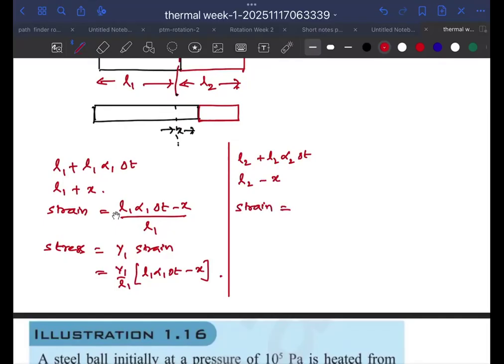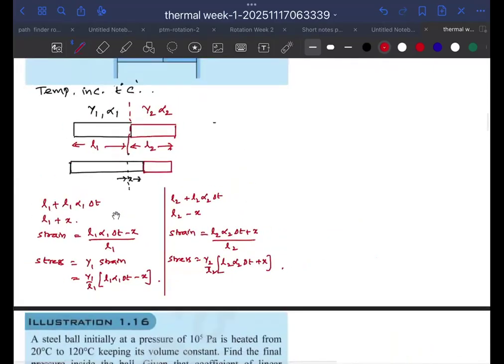Tell me, what is the strain now? L2 alpha 2 delta t plus x by L2. So stress is y2 by L2 times L2 alpha 2 delta t plus x. There is something which is common for both. What is that?